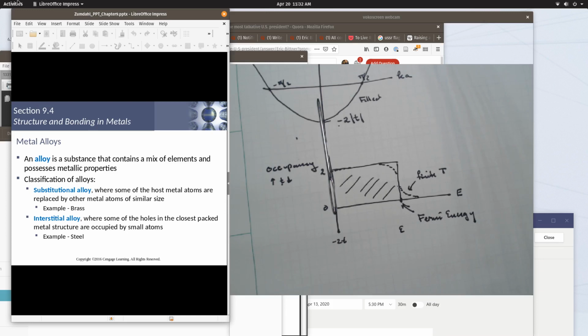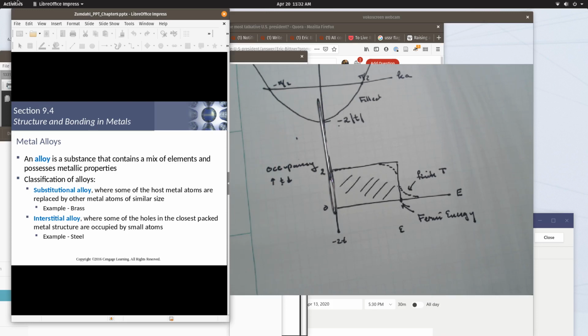Now, there are two types of alloys. Substitutional alloys are where you simply knock out one of the lattice sites and replace it with something else. Interstitial alloys are where I have the lattice structure of copper or whatever, but I pack an extra atom and its electrons into one of the holes of a close packed metal structure. Steel is an example of this.